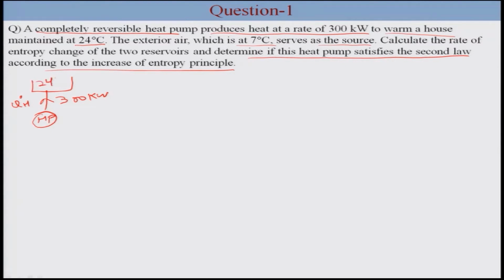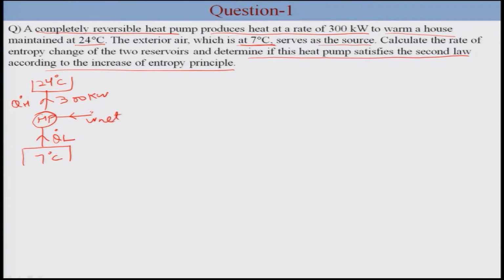So, this temperature is 24 degrees Celsius. The exterior air, which is at 7 degrees Celsius, serves as the source. So, it takes heat from the exterior air which is at 7 degrees Celsius. So, the rate of heat taken will be QL dot. Calculate the rate of entropy change of the two reservoirs.